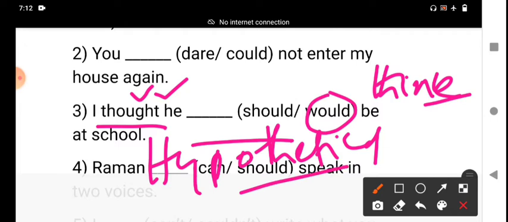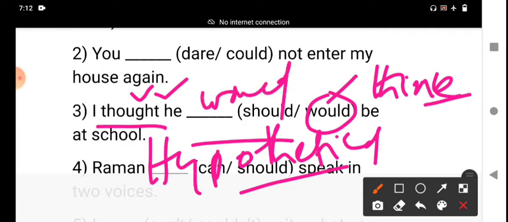In that hypothetical situation, in the imagination, in the prediction, we should use the would modal verb, past tense of will. I thought he would be at school. I thought, I think, I imagine, I predict. We can imagine what is happening in the future. That is more important. I thought he would be at school. Would is a right answer.